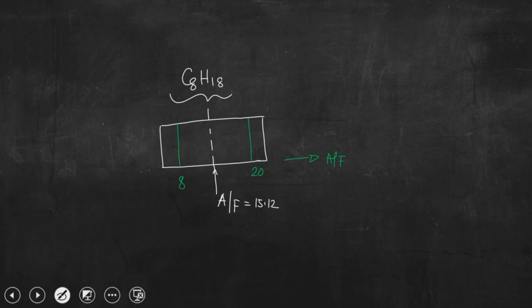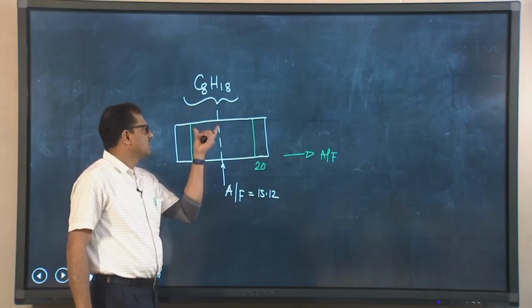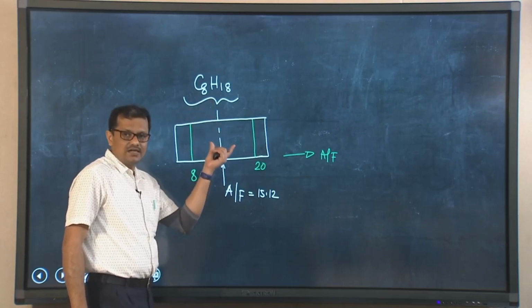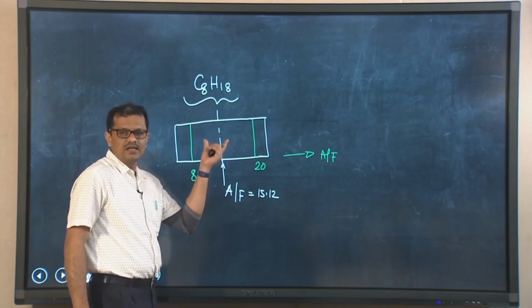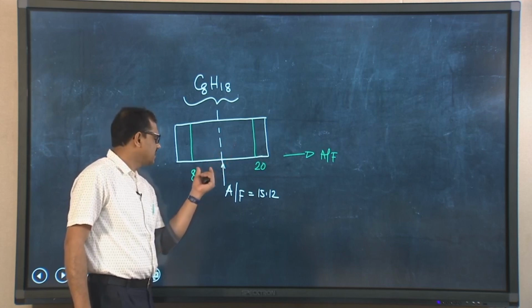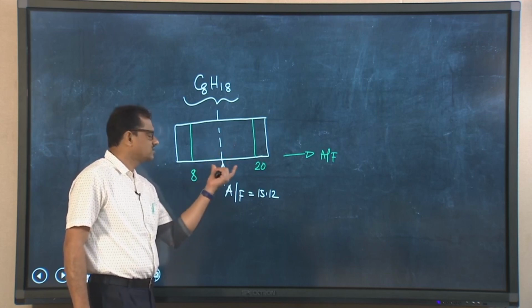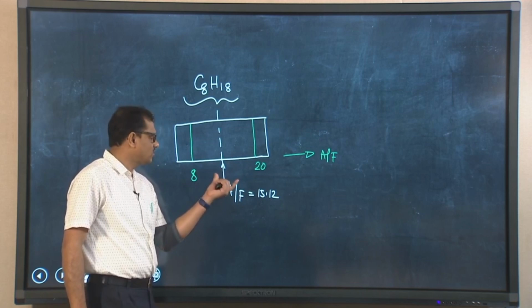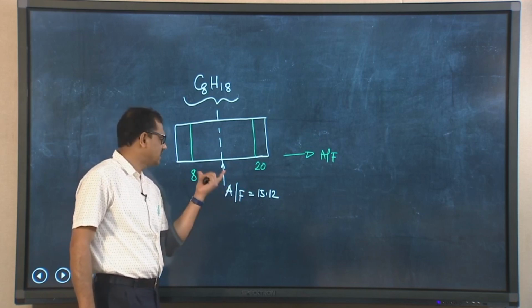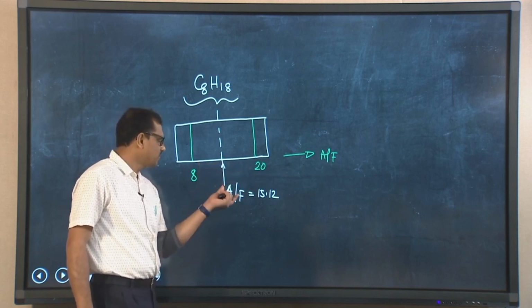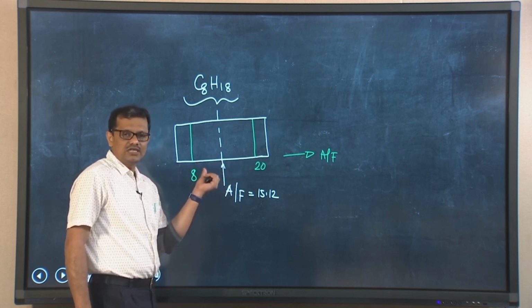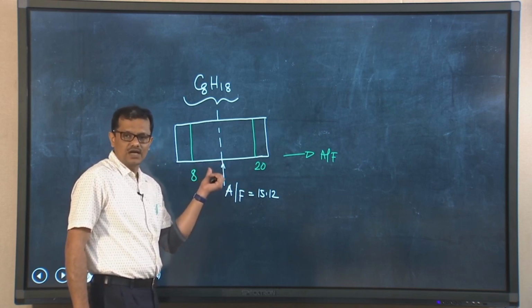For this particular fuel, it is measured from experimental investigations that this is the combustible range. When the air-fuel ratio is 8, though it is not stoichiometric, the engine should run.